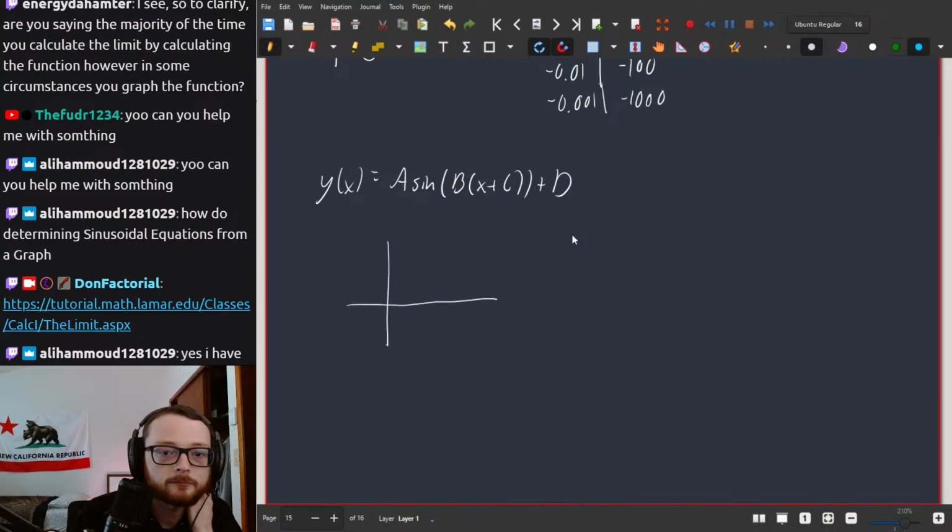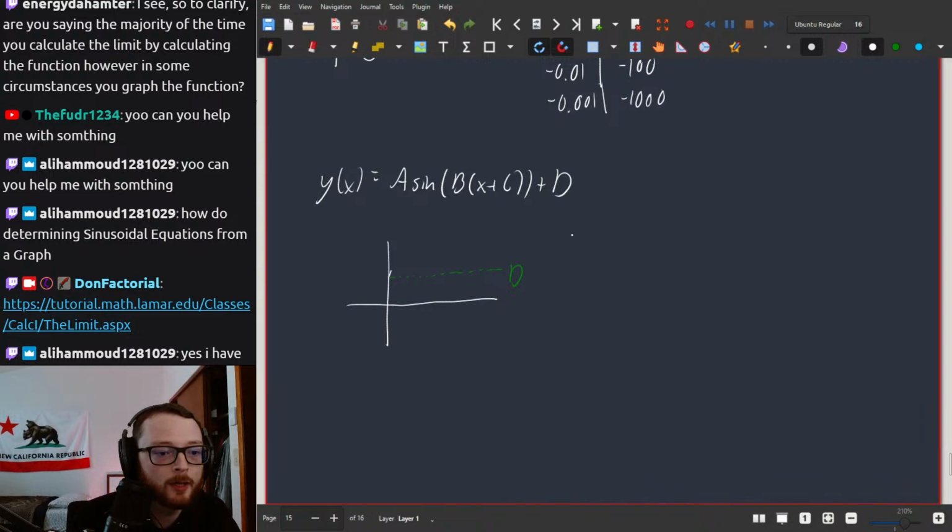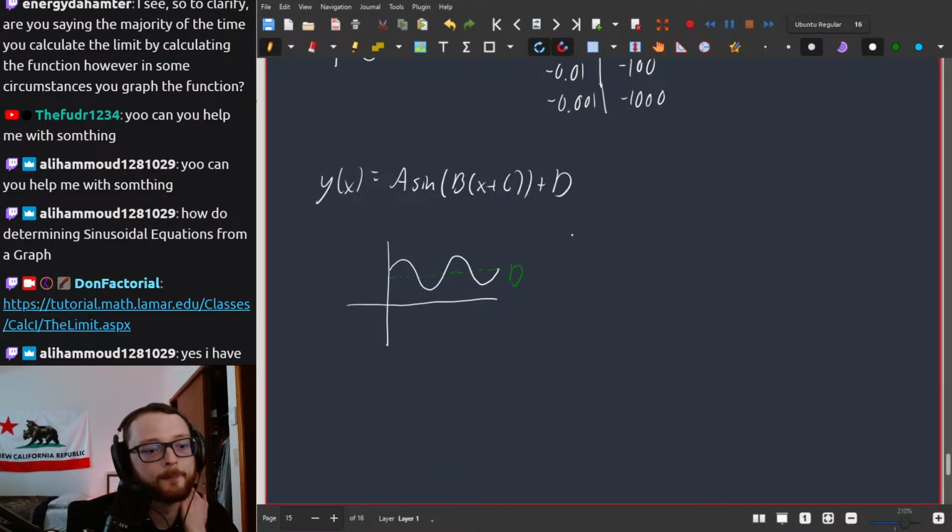So, where do we start? Maybe D is the easy place to start. D is just a vertical offset. So if D is 1, your graph is going to be raised up by 1, as your baseline. Actually, let me make it a little bit harder. Your sine wave could look something like that.